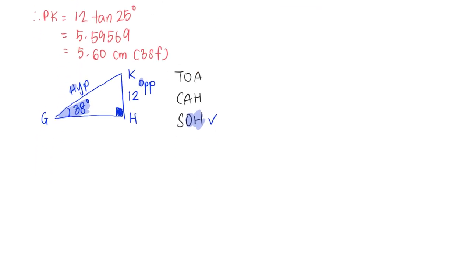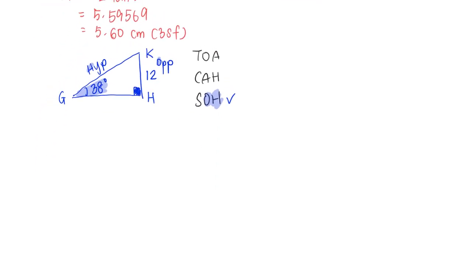Alright, so let's stay focused on this sketch here. So sine 38 degrees will be equal to opposite, which is 12, over my hypotenuse, which is the GK, the length that I am supposed to find. The next step will require us to do some algebraic manipulation, meaning I'm going to multiply GK on both sides as well as dividing sine 38 degrees on both sides to give me this particular line.